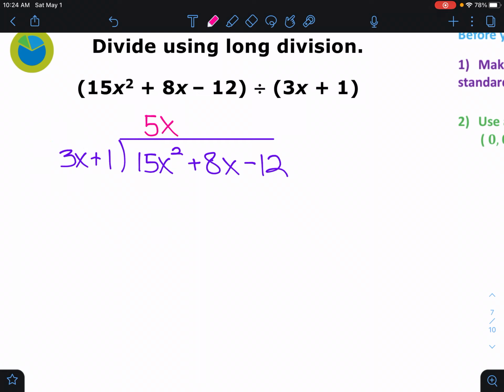Okay, so now when I put that 5x up there, now I'm really taking this just to get what that is. We had to say 3x times what gives me 15x squared. But now once you put something up top, you are going to multiply it by both of these things here, and write them underneath. So 5x times 3x is 15x squared.